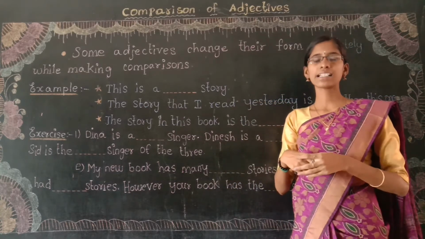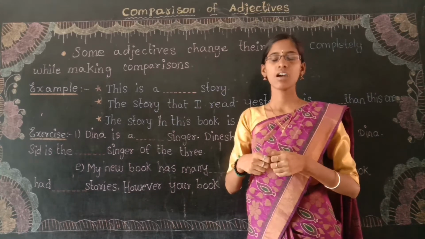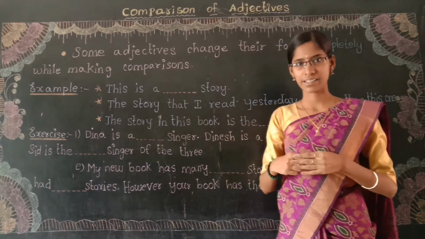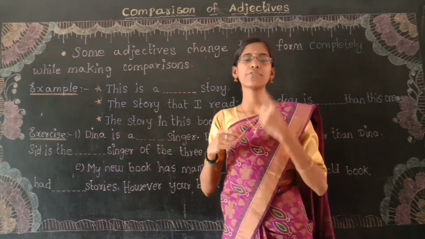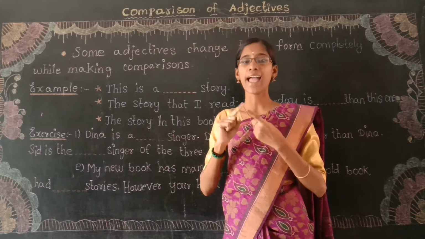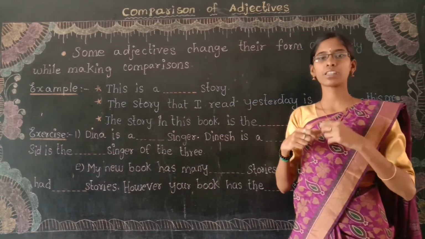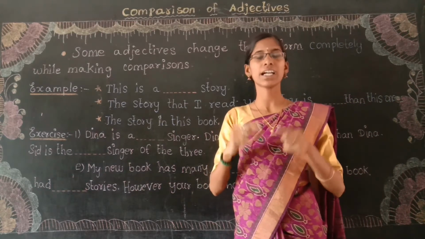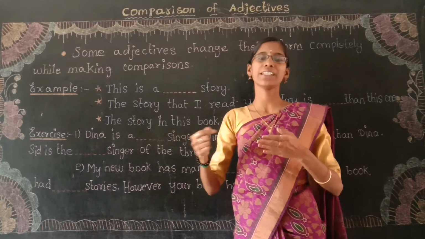Yes, already we saw the two rules, how to compare an adjective in a sentence. Do you remember that? What are the first two rules? The first rule is we can add er while we are comparing two things, and we can add est to the adjective word while we are comparing more than two things.